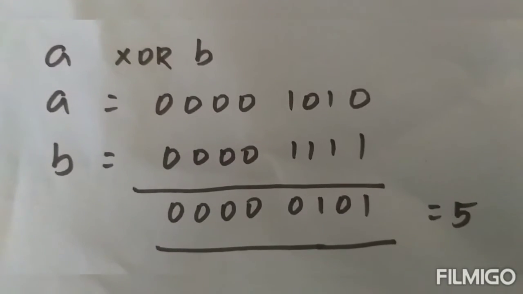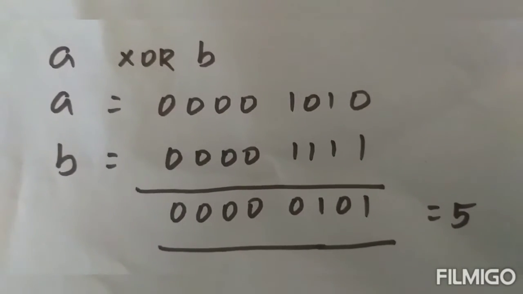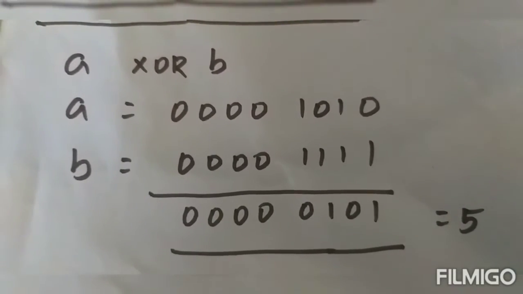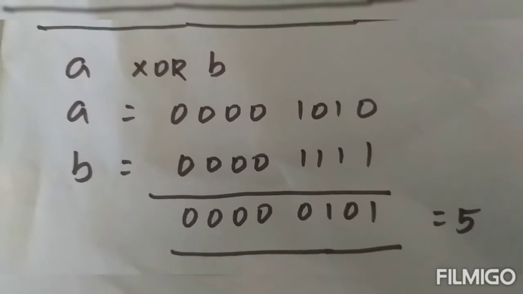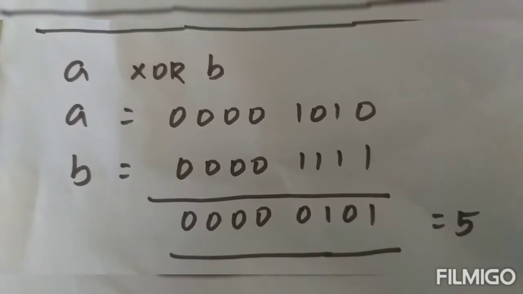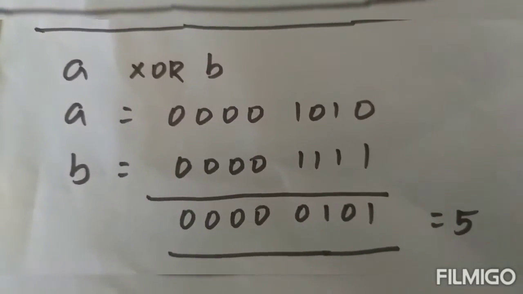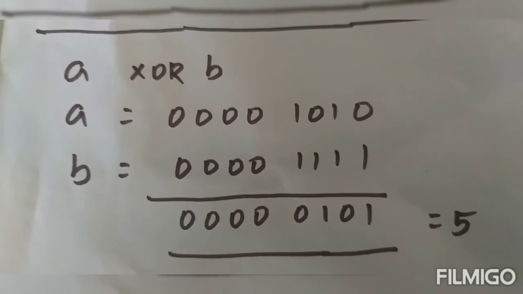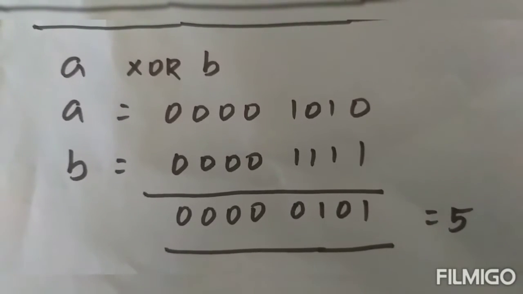XOR is when the bits are different, we'll get 1. So for the 6th bit and the 8th bit, we'll get 1. Only they are different. For all the other bits, they are the same, so we get 0. So it is 101 and the decimal equivalent is 5.